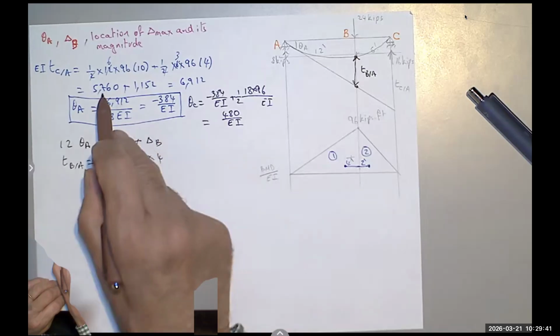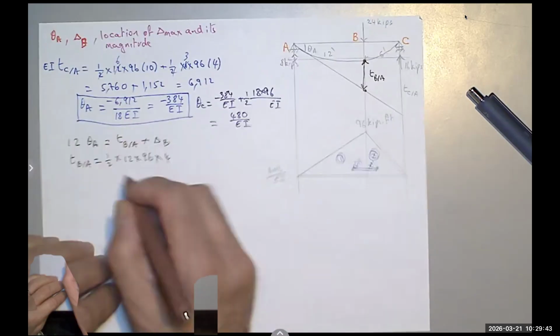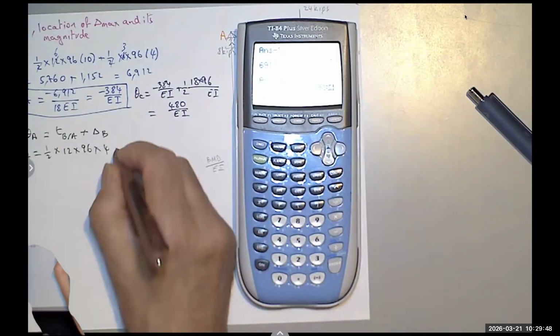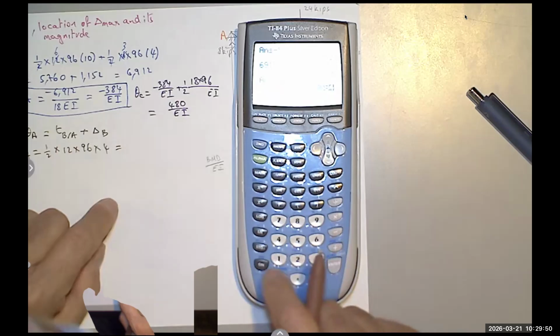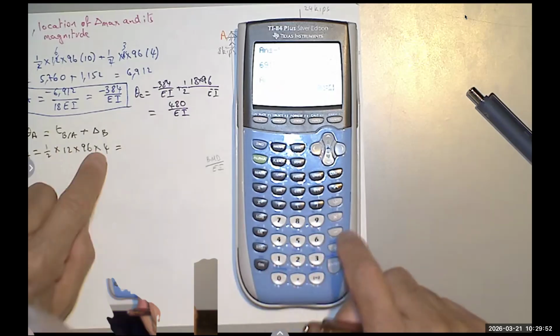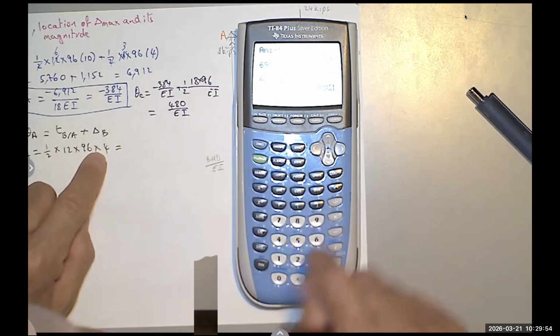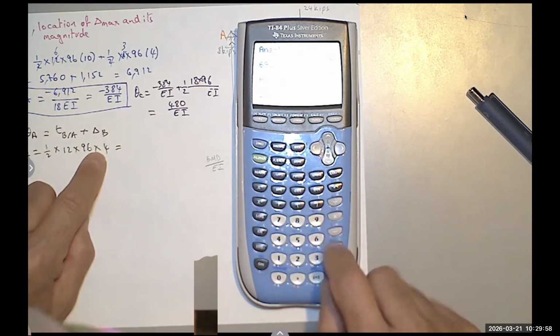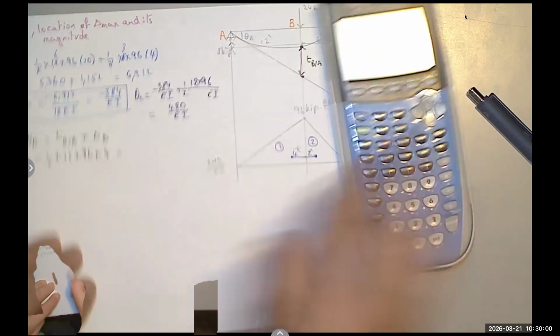So it's 4/10 of that. So that equals 6 times 96 times, oops, or 24 times 96. It's easier, right? 2304.